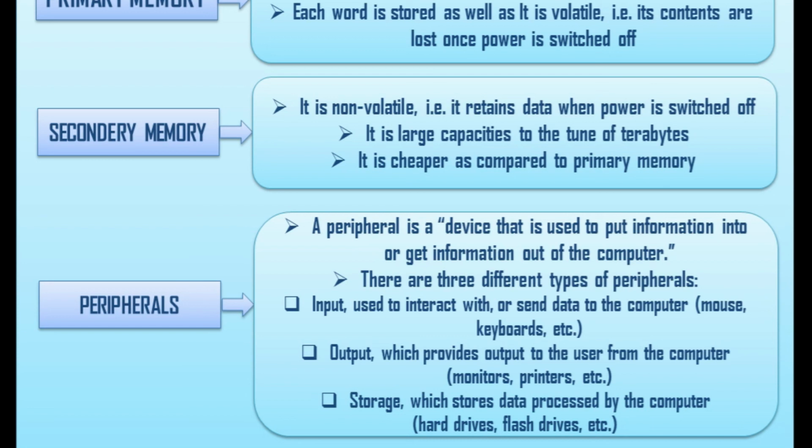Next is storage, which stores data processed by the computer, like hard drive, flash drive, and many other things. These are the main hardware and peripherals.